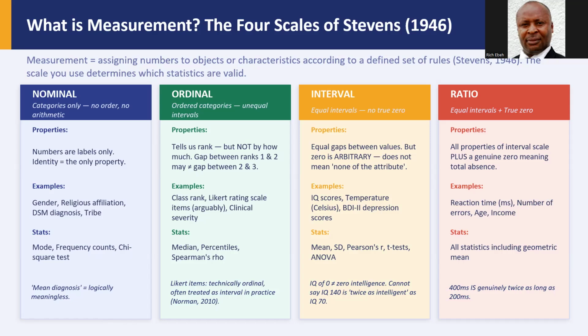So technically, these are ordinal scales. And to analyze ordinal scales, we use statistics like the median, the percentiles, and the Spearman rank correlation.